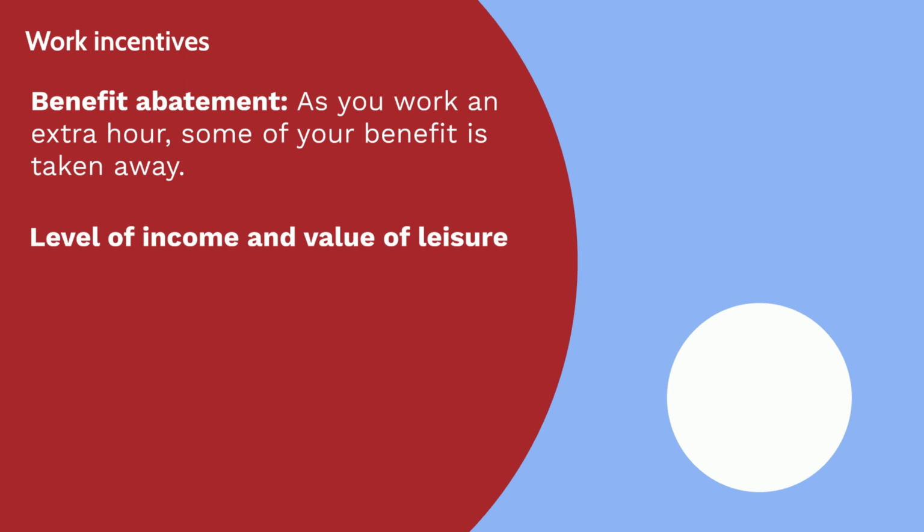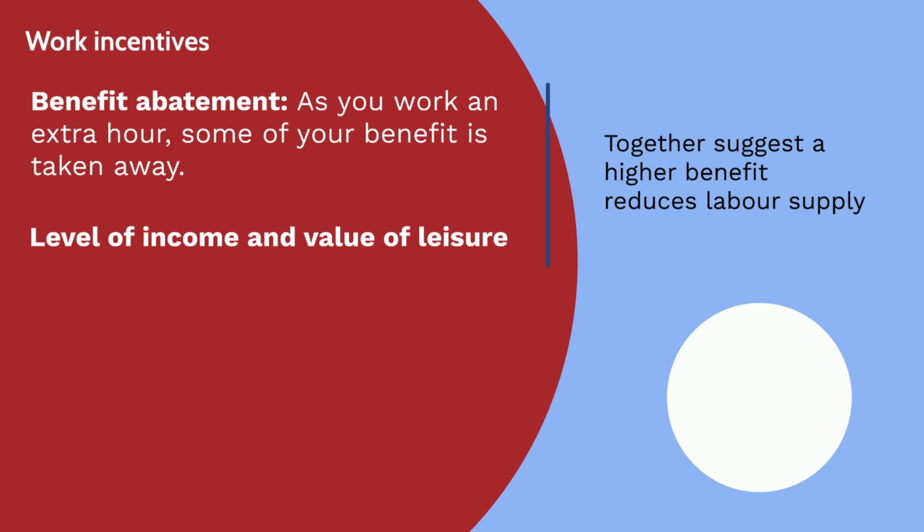Now, when we think about what incentive this would create for someone to work, we have to remember that people are thinking about the value of their leisure at the same time. So we know this works in two ways. If you increase the benefit level, then that higher level of income will mean that people will consume normal goods, such as leisure.